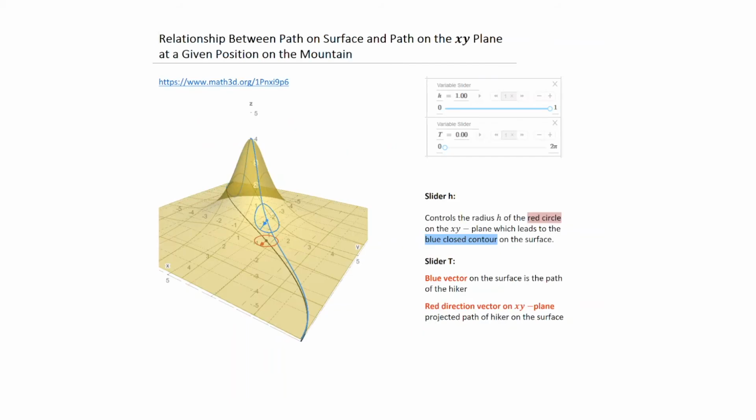All right, so let's take a little more detailed look at what's going on. Let's consider that the hiker is at a position on the hill and now has an option of walking in different directions. That's what this picture shows. For example, here on the XY plane, this red arrow represents the direction in which you want to walk, and this circle represents just the radius.